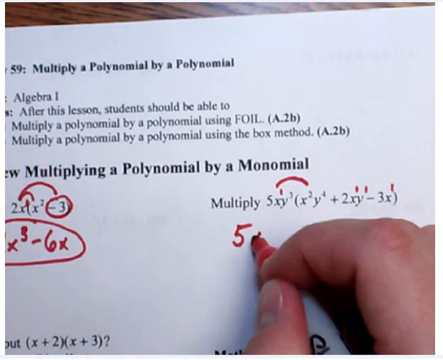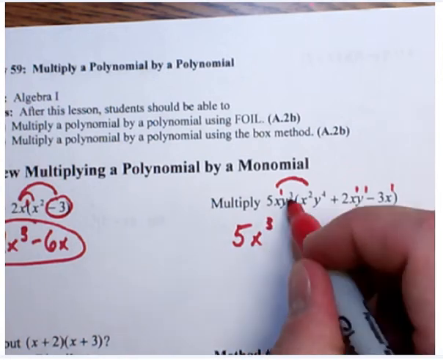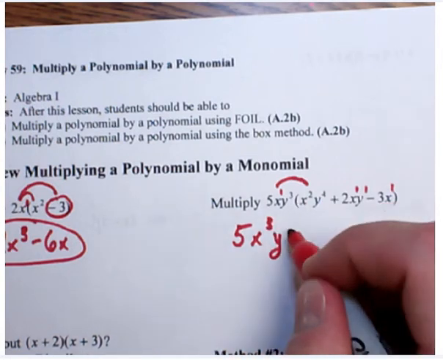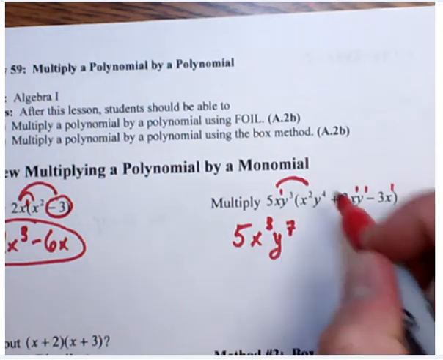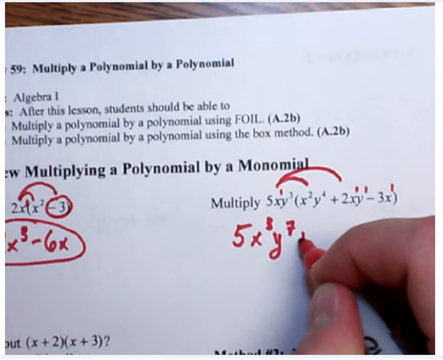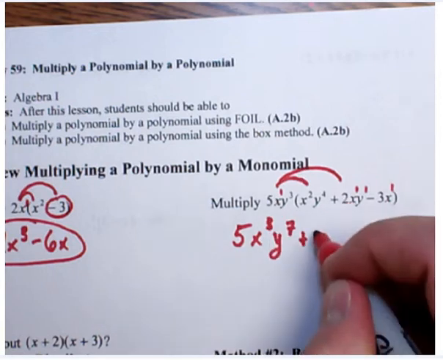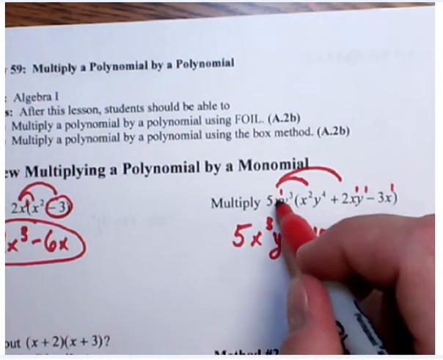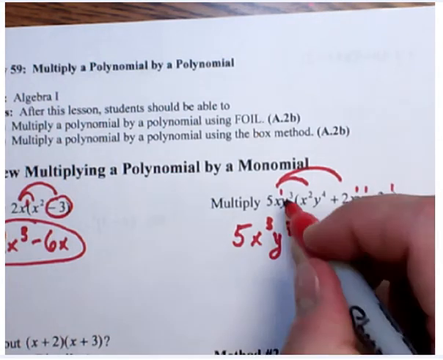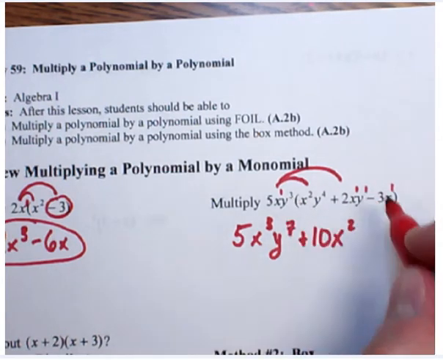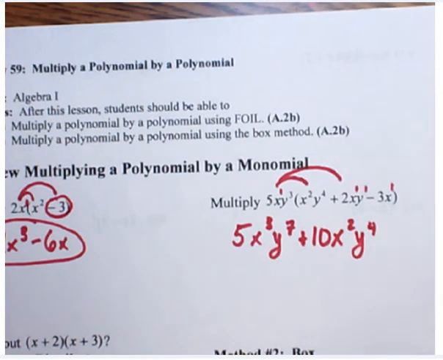That's x to the 1 plus 2 is 3. And then this is y to the 3 plus 4, which is 7. That's 5x to the third, y to the 7. Plus 5 times 2 is 10. x to the 1 times x to the 1 is x to the second. y to the third times y to the first. Add the exponents, you get y to the fourth.